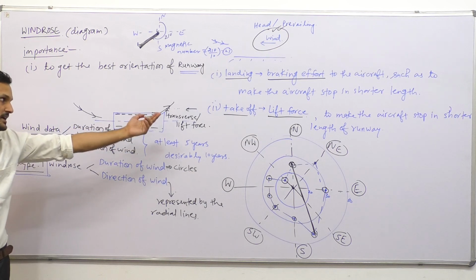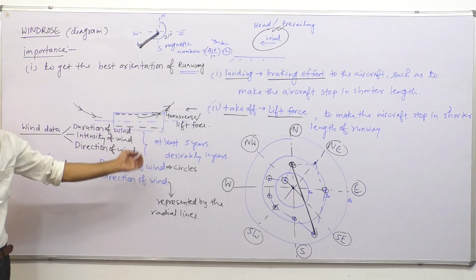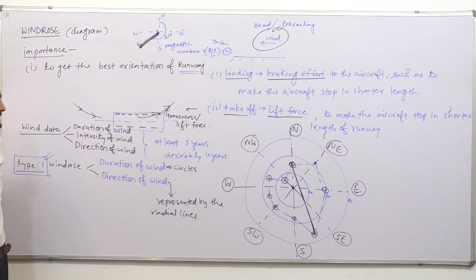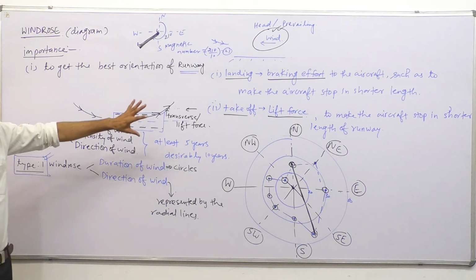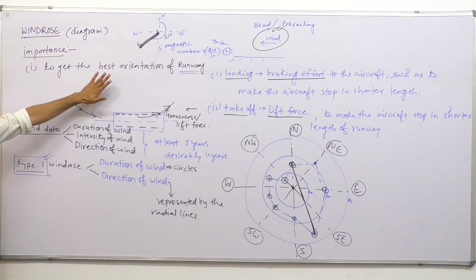Similarly, the second point is regarding takeoff, where the wind provides an extra lift force to make lifting of the aircraft easier over the given runway. So with these two advantages of wind, we can make the orientation of the runway best.